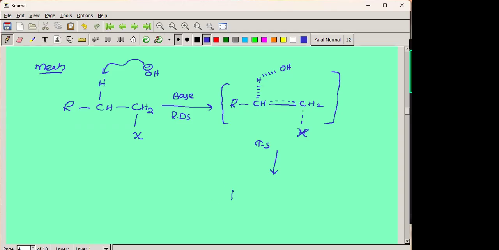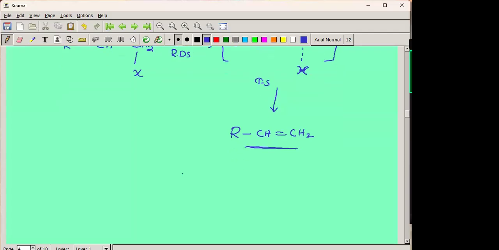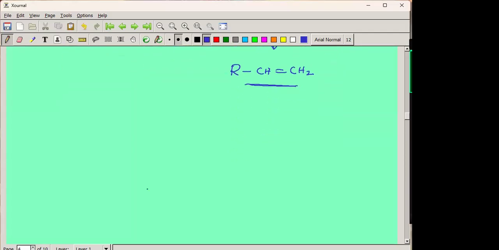The same number of bonds are broken as are formed. So this reaction is considered as the E2 elimination reaction.